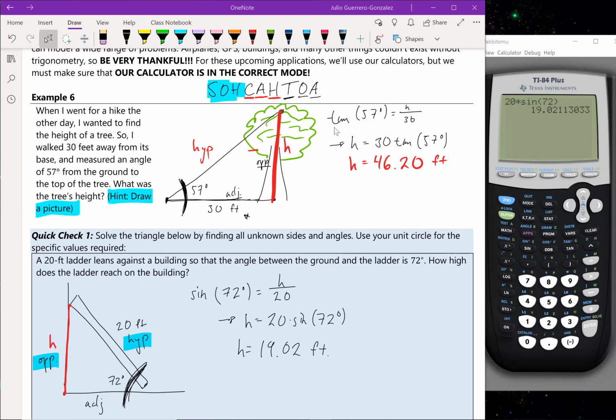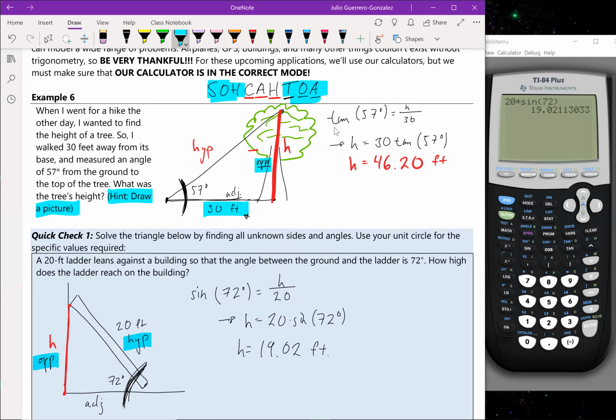So in the tree one, the one up above it, we were given an adjacent, right? And we needed to find the opposite. So we needed something with an opposite and an adjacent, and the one that did that was cosine, or sorry, tangent. Perfect.